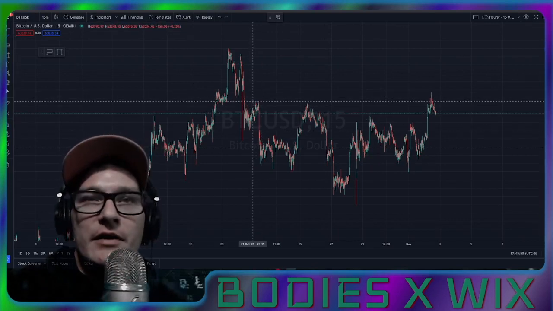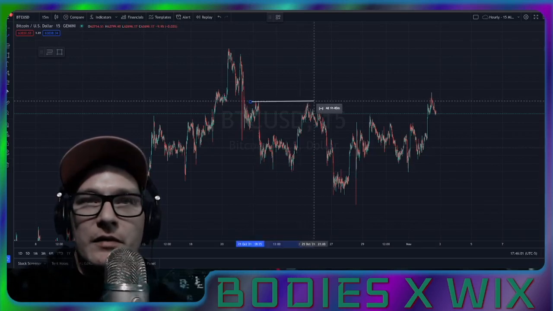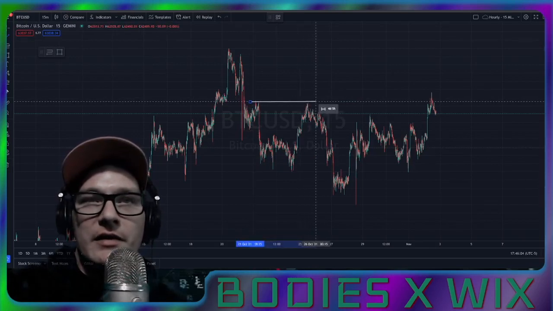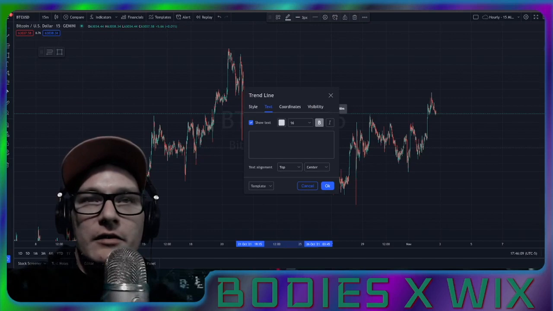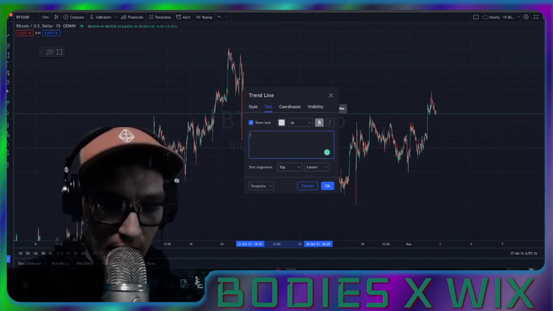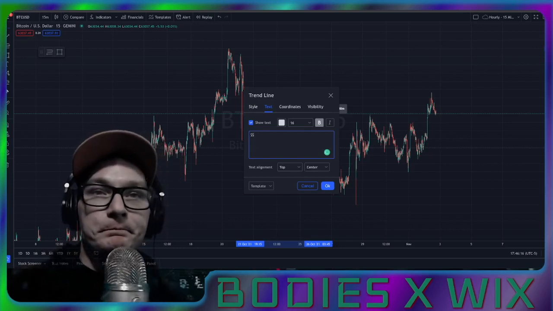I usually go with Coinbase because that has the most users. And when something has the most retail users, it'll give you probably the most accurate price. So right here, you can see that these two have equal highs.